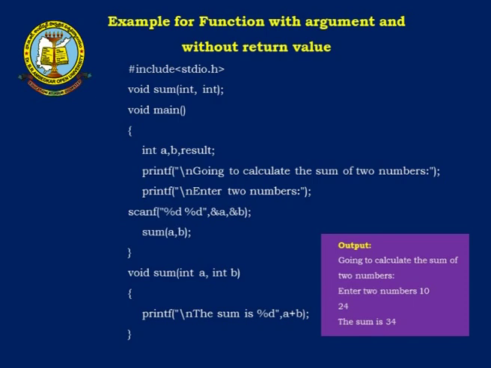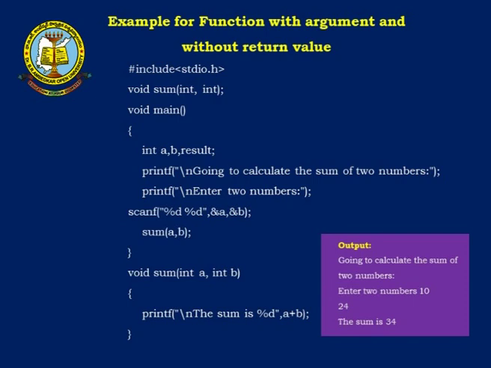And coming to the main body, we are declaring the variables a comma b result, and we are implementing main task in the function definition part. See here we are prompting the user to enter the values for what values you are going to find the summation. So, after entering the value with help of the scanf function, we need to store the values. If you observe this, this is the function calling statement again, sum a comma b.